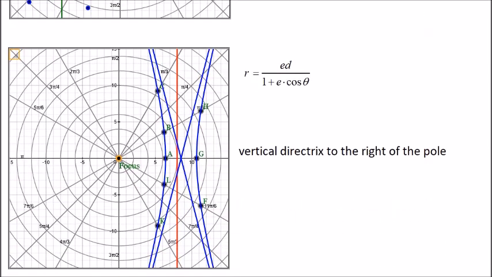If we have a vertical directrix to the right of the pole, then the corresponding polar equation will be r equals ed divided by 1 plus e cosine of theta.